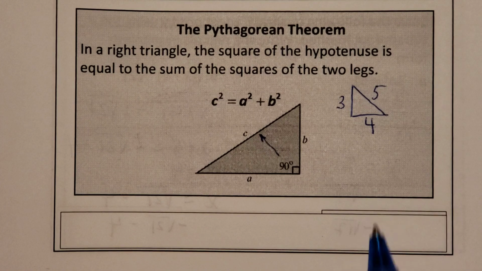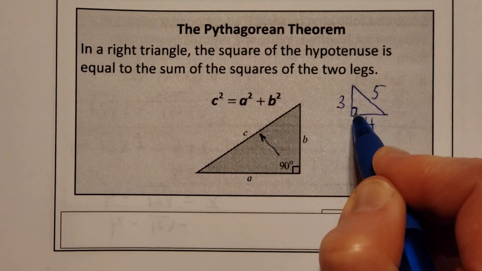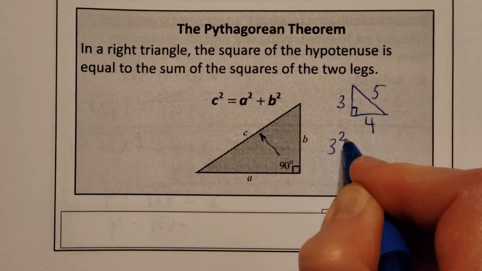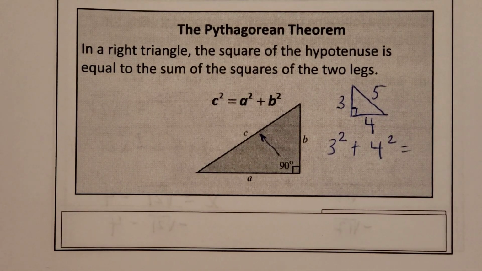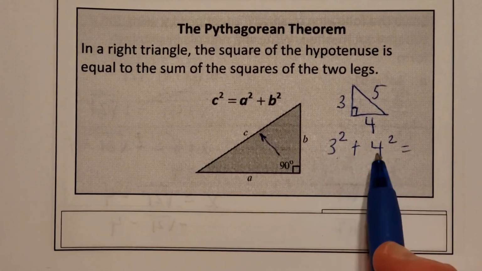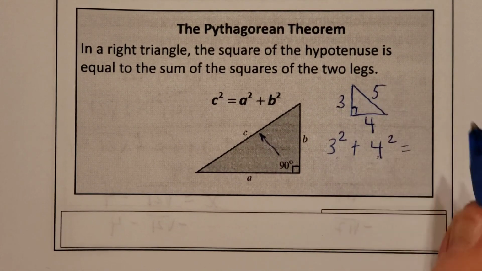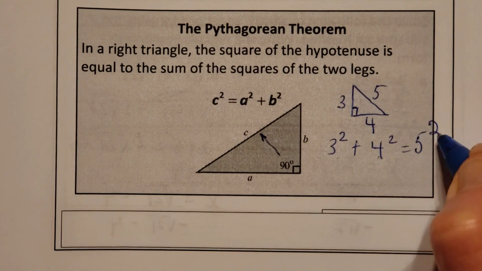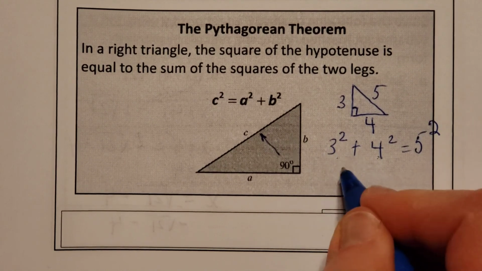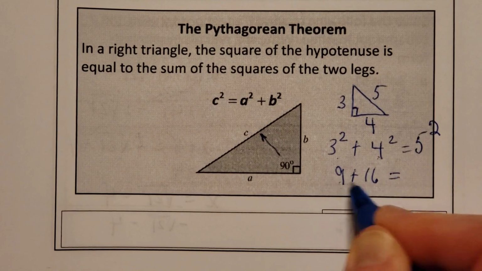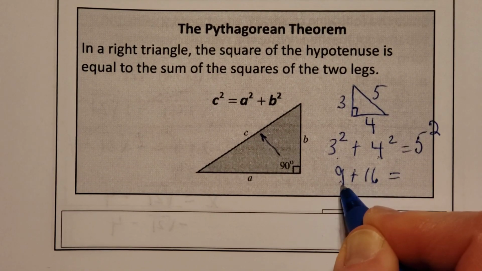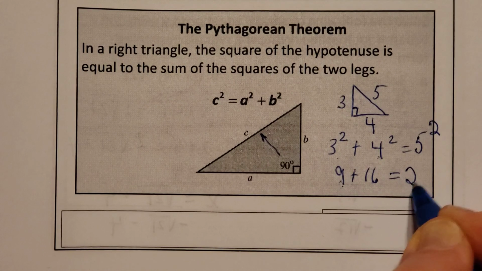Okay, and if you take those two legs and you square them, so 3 squared plus 4 squared, in right triangles, those two numbers squared and added together is always going to equal the hypotenuse squared. For example, 3 squared is 9, 4 squared is 16, and what does 9 plus 16 equal? Well, it equals 25, which is 5 squared.